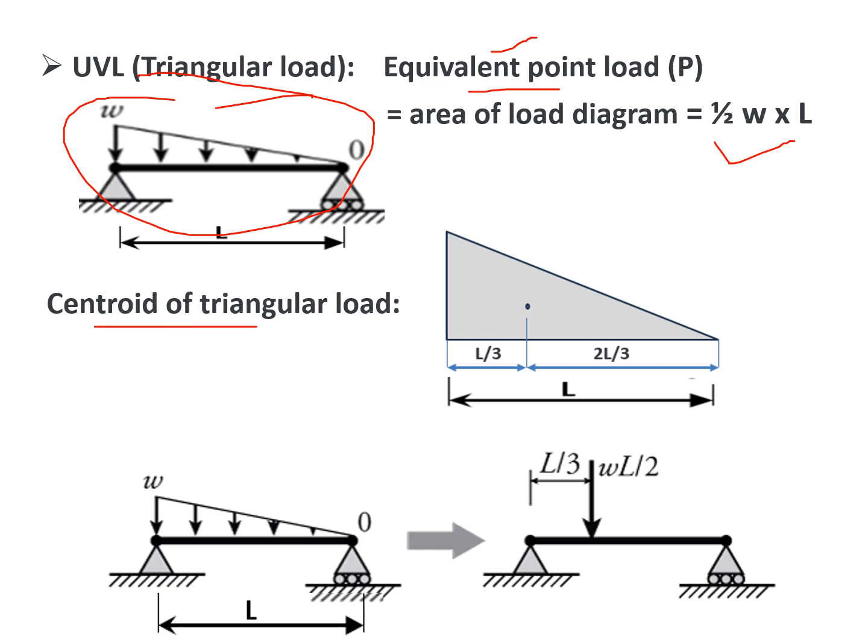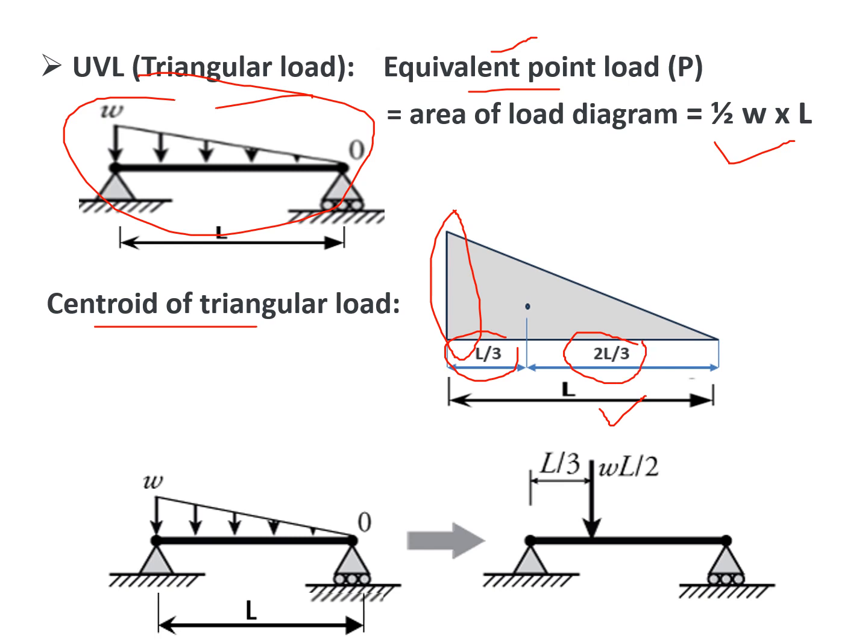So that is the concept of the centroid. Here on the left side the intensity is maximum, so you can remember it like this. The centroid of the triangular load is at a distance of 1/3 of the base. L is the base of that triangle, so where the intensity is maximum, from there the distance is L by 3, and from the other side definitely it is 2L by 3.